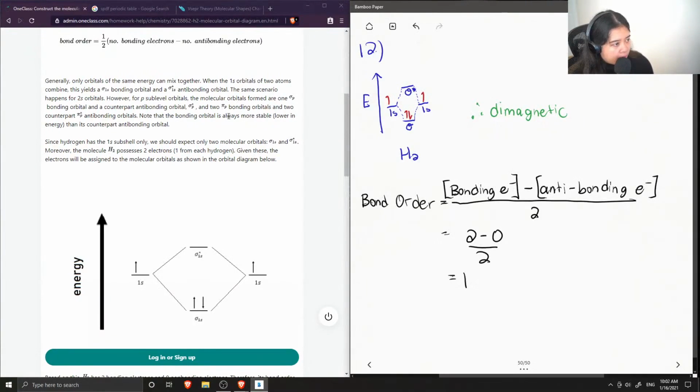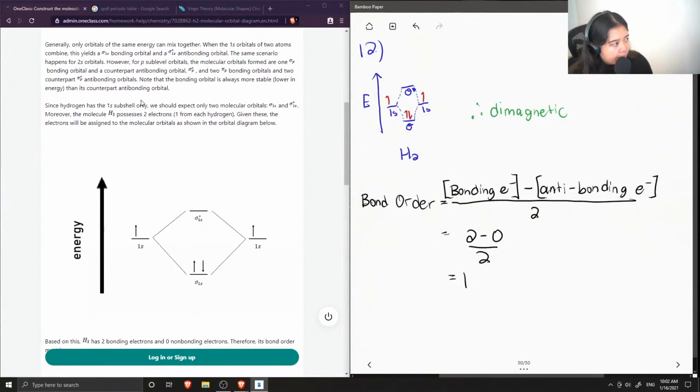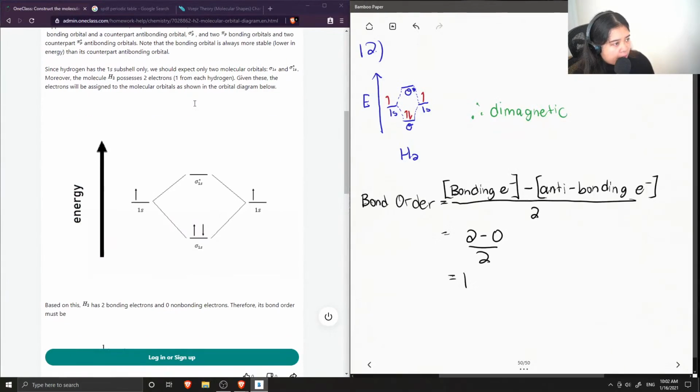Note that the bonding orbital is always more stable and lower in energy than its counterpart antibonding orbital. So since hydrogen has the 1s subshell only, we should expect only two molecular orbitals, sigma 1s and sigma star 1s.